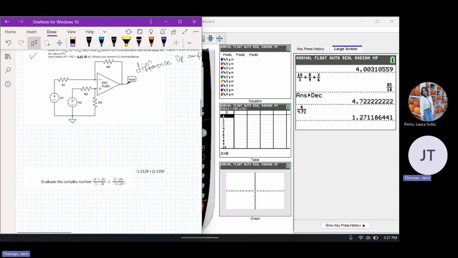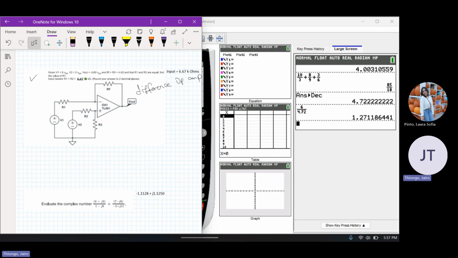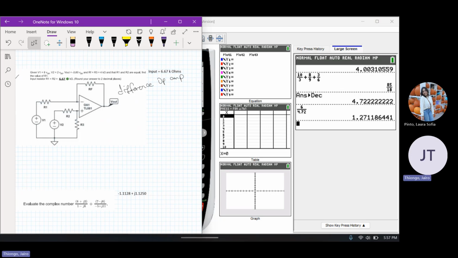Onto our last OPAMP, our difference OPAMP. For this one, in general, before we go into the question, the way we know how to proceed with it is if R1 over RF is equal to R2 over R3.